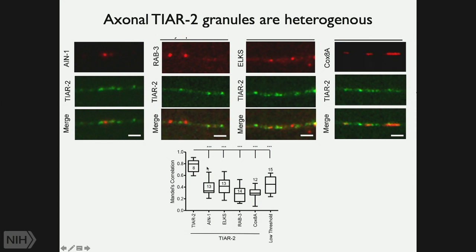As you see here, except for TIAR-2 co-localizing with itself, there's generally very little co-localization, indicating that axonal TIAR-2 protein is rather heterogeneous. It's very dynamic.